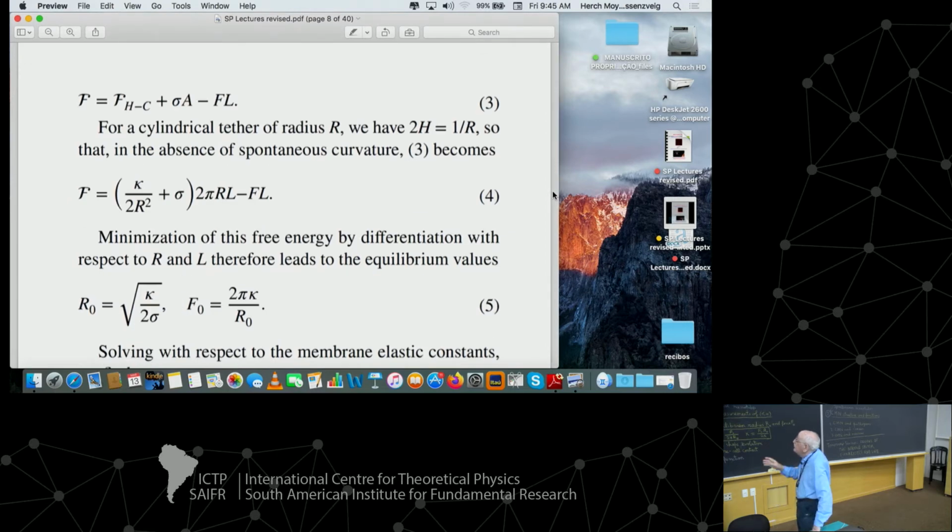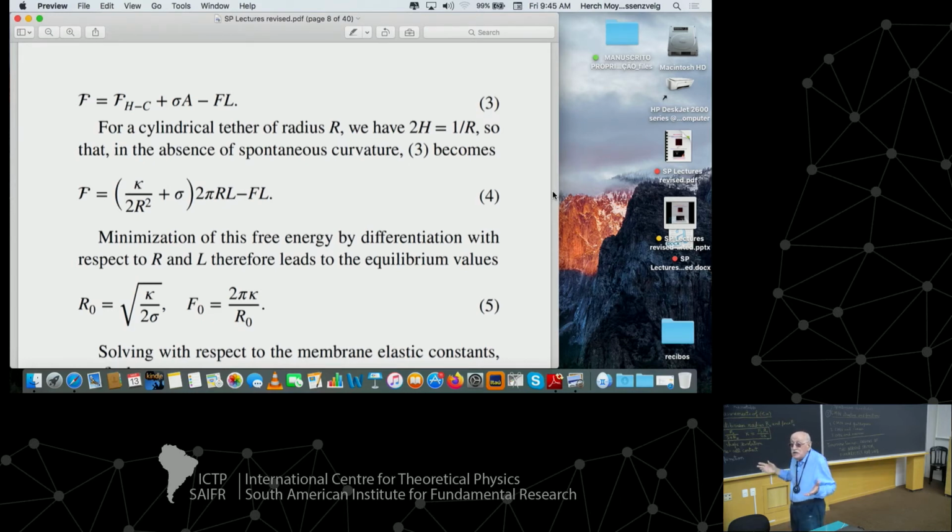The first term is the Helfrich-Canham term, the second term is the surface tension, and the third term is the work. Together, it is the bending modulus divided by twice the square of the radius, plus the surface tension times the total area of the cylinder, 2 pi R L, minus F L.